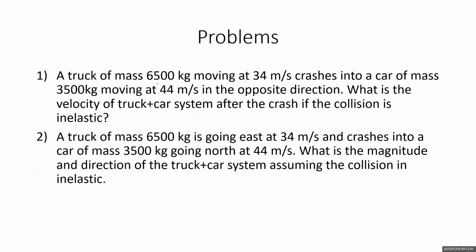In completely inelastic collisions, in this one we have a truck crashing into a car going in the opposite direction. So again, for problem one, we have initial momentum equals final momentum.